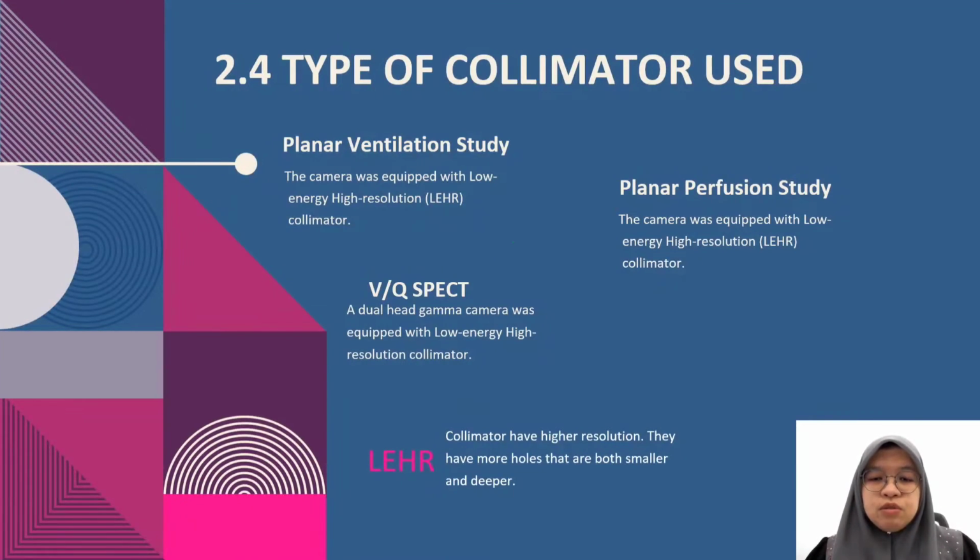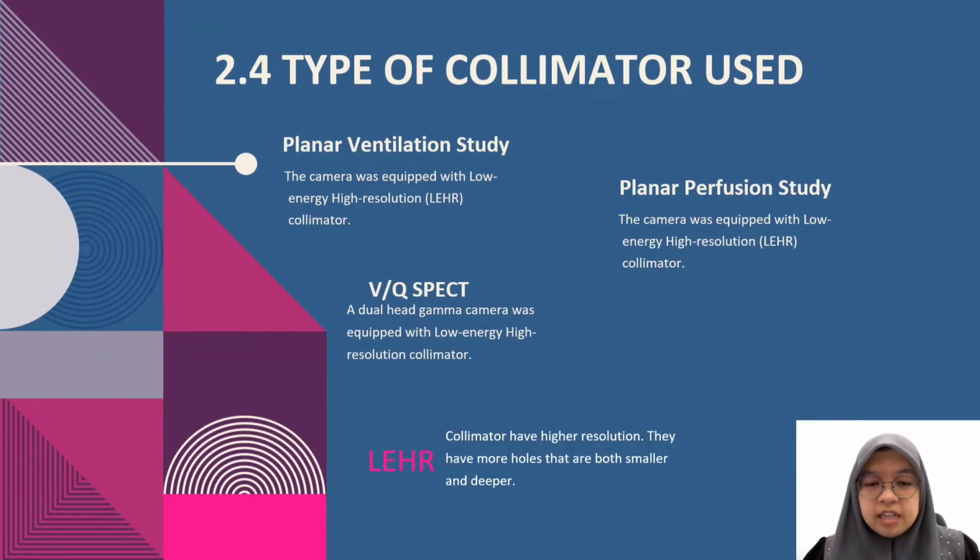So for these two procedures, we use the same camera equipped with the LEHR collimator. But for the VQ SPECT procedure, you are using a dual head gamma camera, which is also equipped with the low energy high resolution collimator.